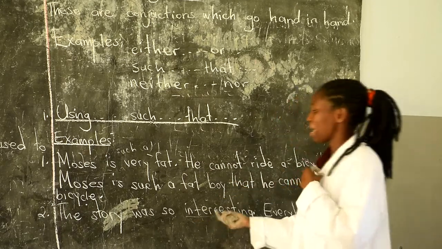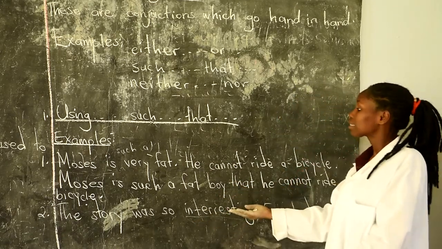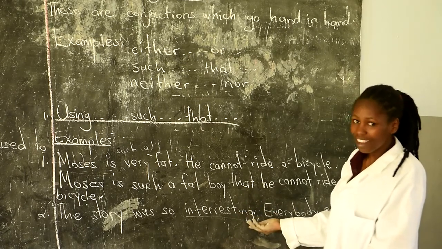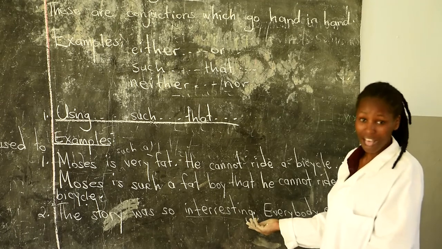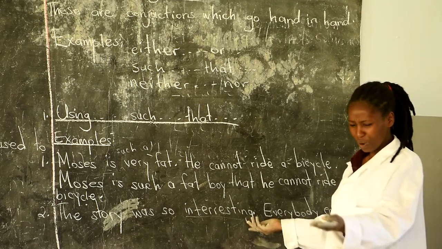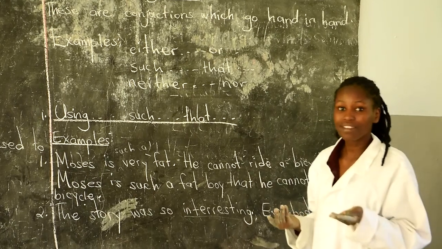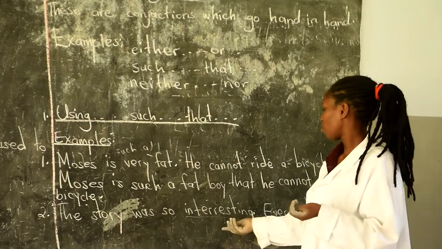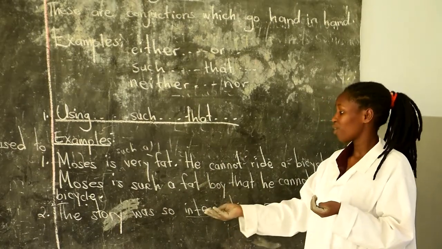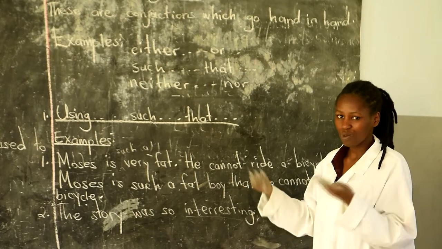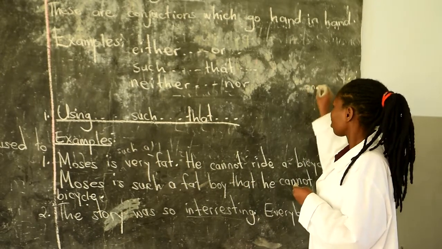Can we say the story was such an interesting boy? A story is not a boy. A story is not a girl. A story is not a man. It's not a woman. Which one is the appropriate noun to use here? Don't worry. We can just say the story was such an interesting one. Such an interesting one.